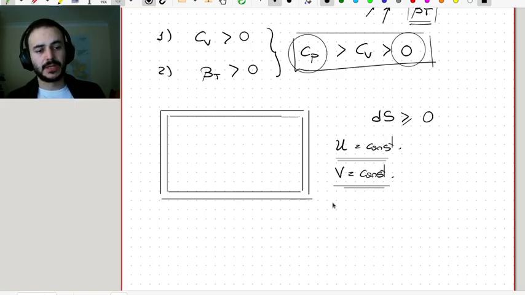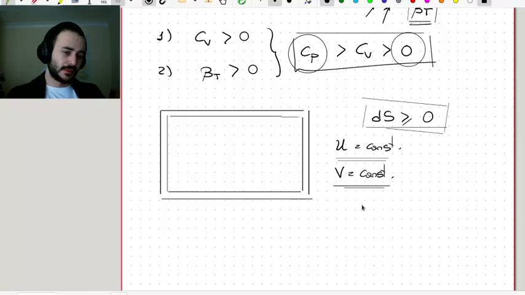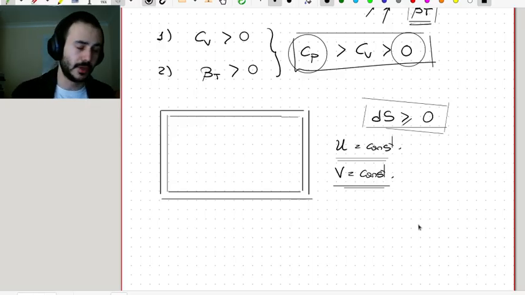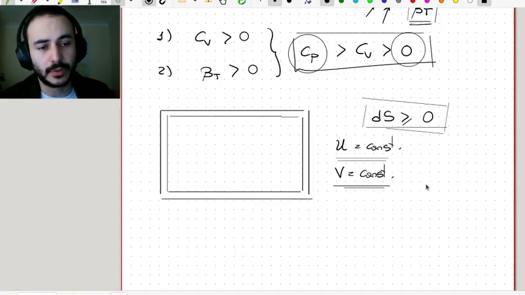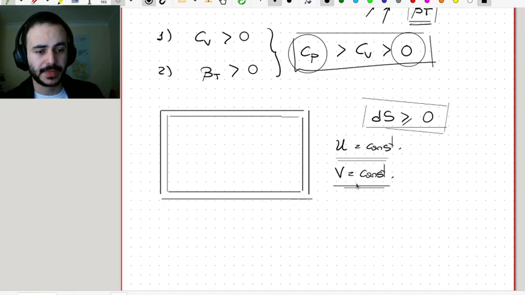Okay, so in these two constraints, the state of maximum entropy is stable, because if you are already at maximum entropy, no virtual process will take you out of it, because if it would take you out of it, your entropy would go down, and this is not allowed by Clausius theorem. Okay, so this is just to remember the principle of maximum entropy.